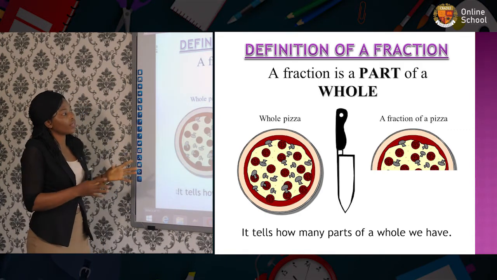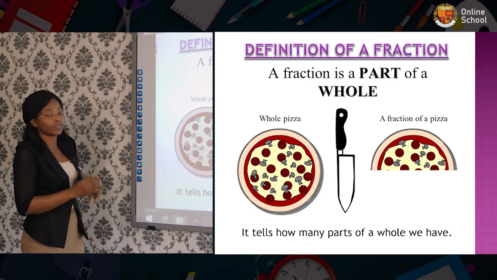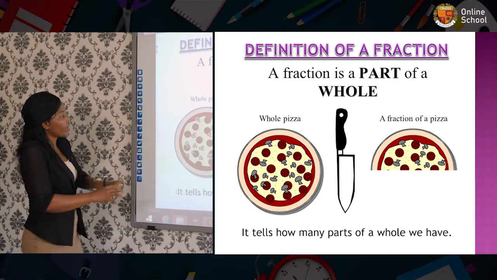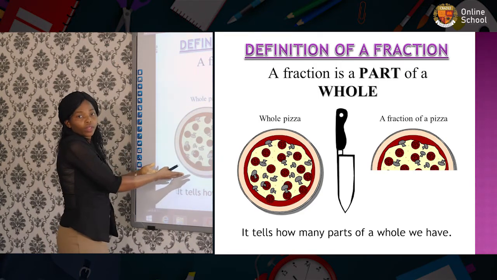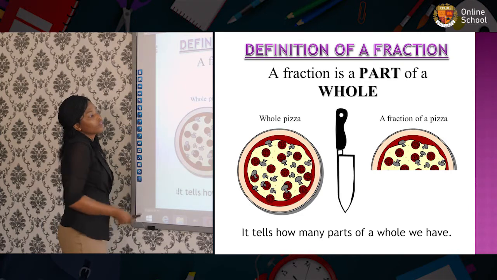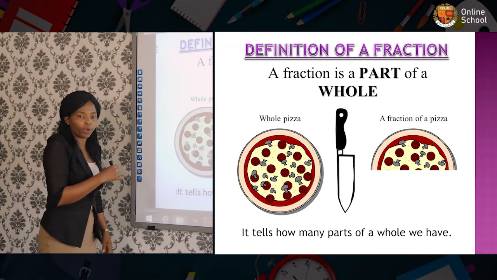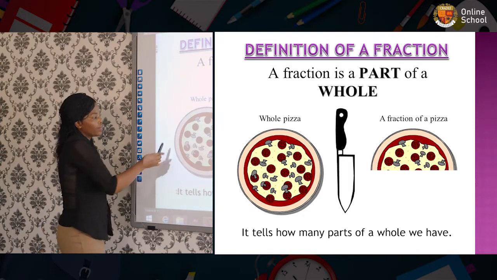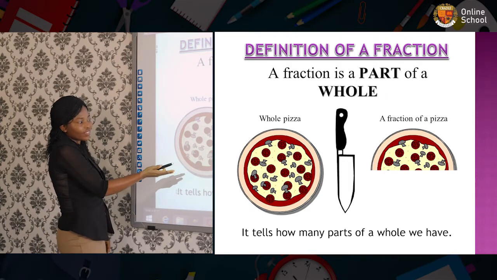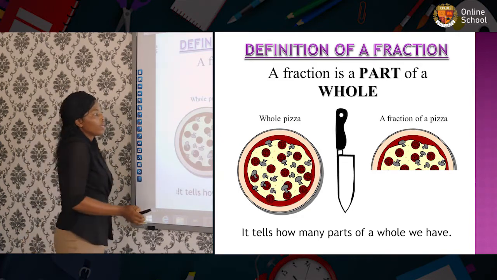All right, let's see this illustration here. Maybe it can help us to understand it better. Now, we have a whole pizza here. We can say it's 1 pizza. Then, for example, you want to share with your brother. This person decided to cut the pizza into 2.